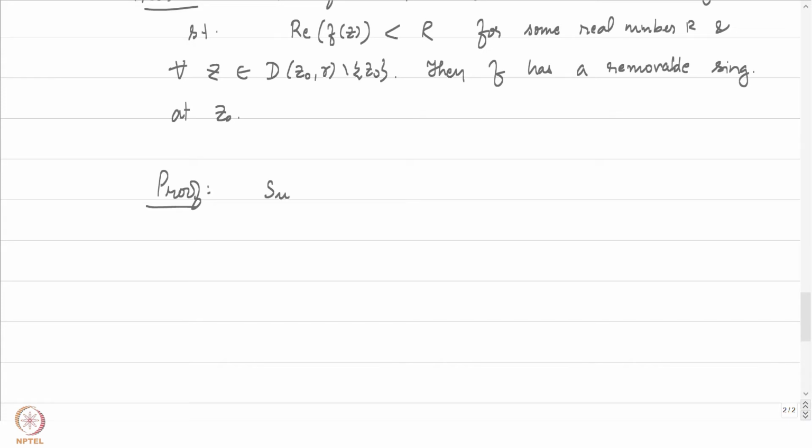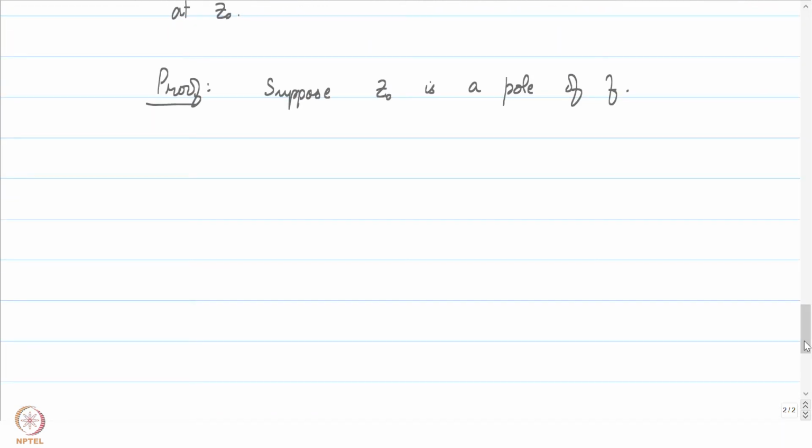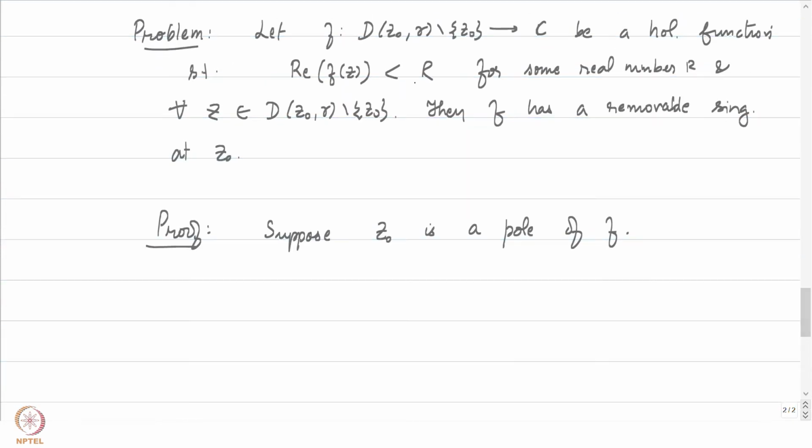Suppose z0 is a pole of f. Then by our previous problem, we know that there is some bound. The R's shouldn't be confused, so let me change it to M so that I can work freely with R's.